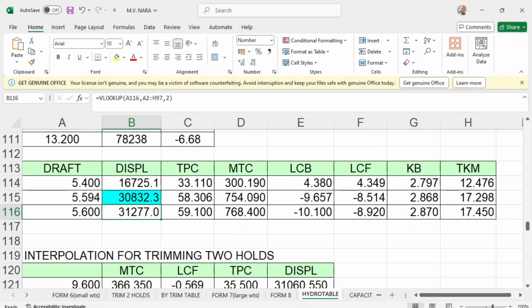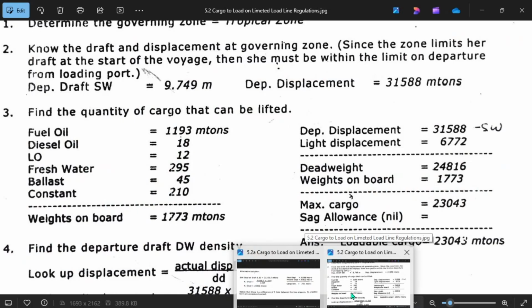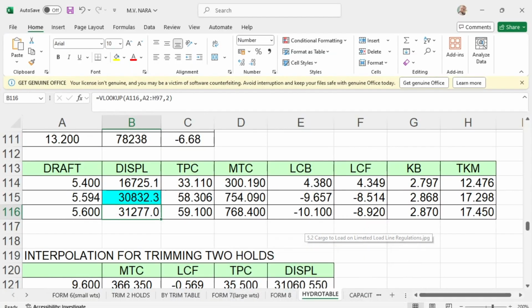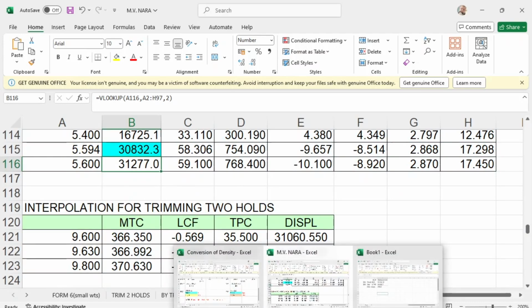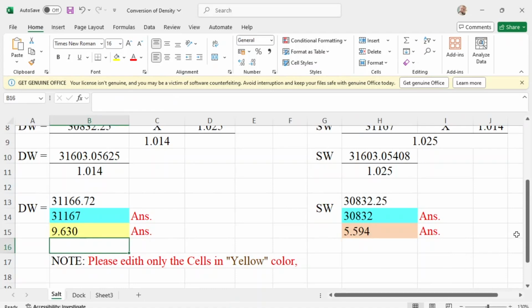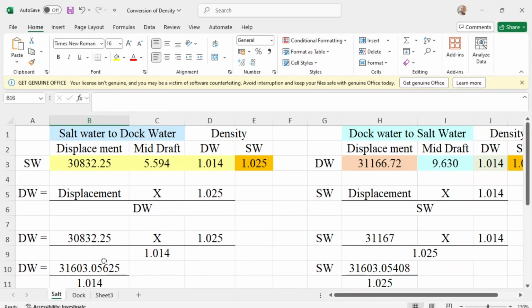That will be your displacement here. That will be your dock water, salt water. 5.94. That's correct. Okay, that's it.